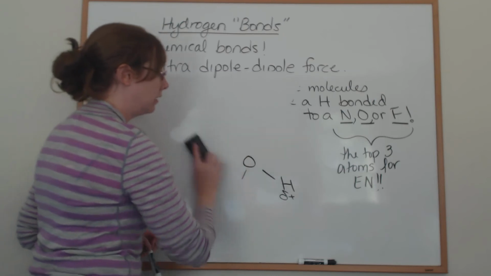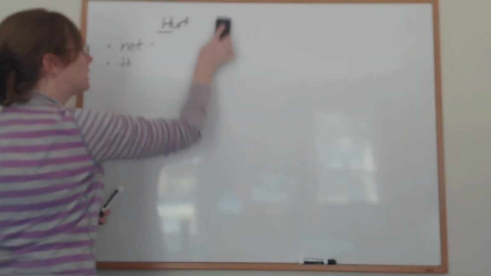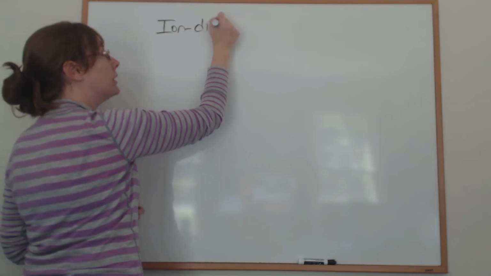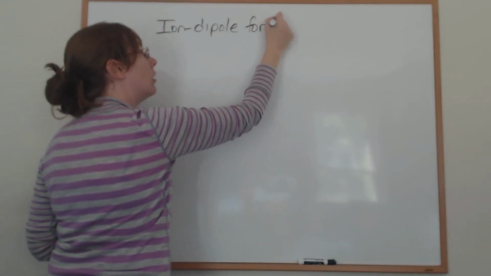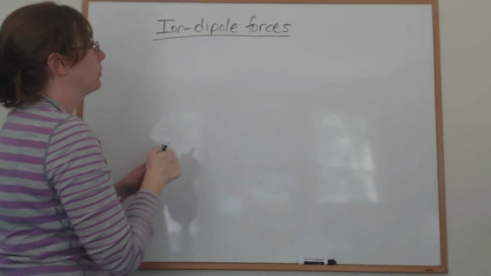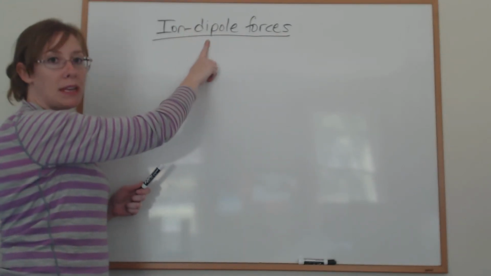And then the last intermolecular force that we will discuss here is the strongest of all four, and these are called ion-dipole forces. You can tell what they are between just from the name itself.